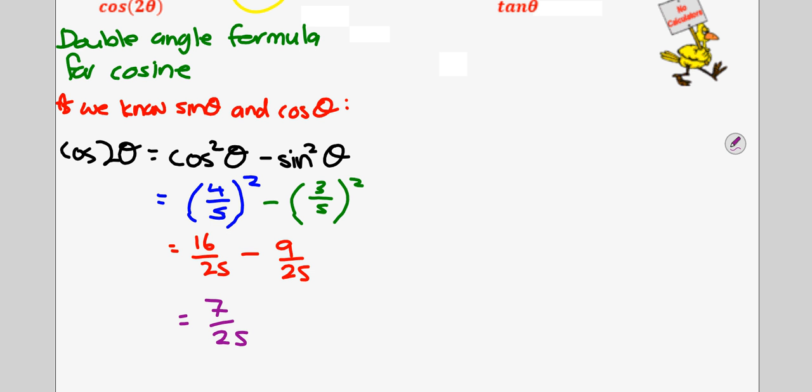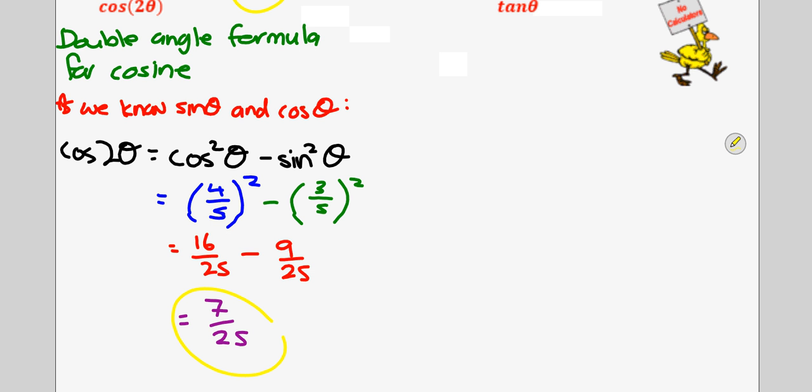Cool. So if anyone happens to have the time and energy to want to experiment with the other versions of the double angle formula for cos, if you subbed it into 1 minus 2 sine squared theta, sine squared theta you worked out is 9 25ths. What's 2 times that? 18 over 25, yeah.